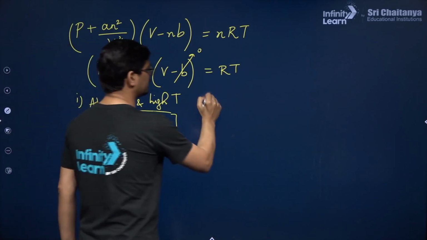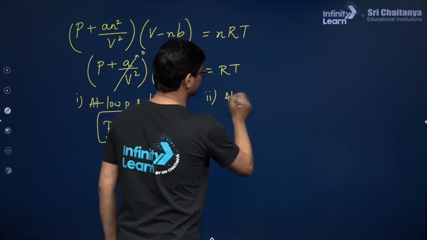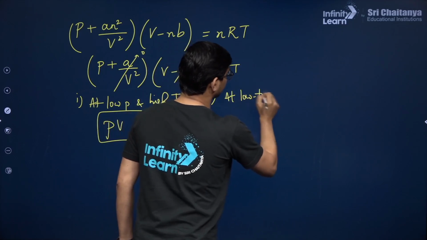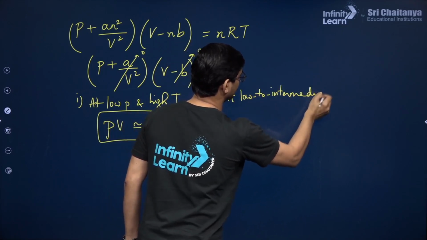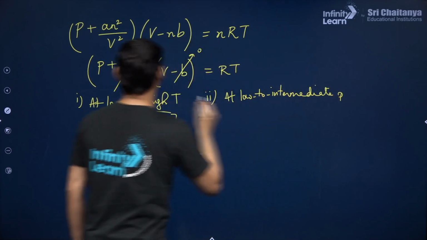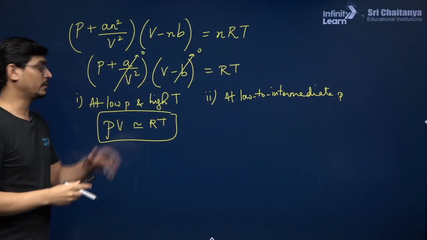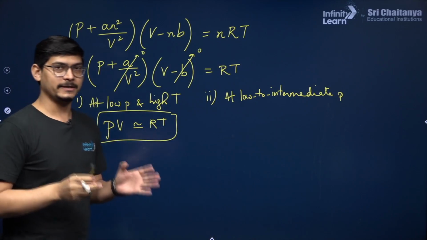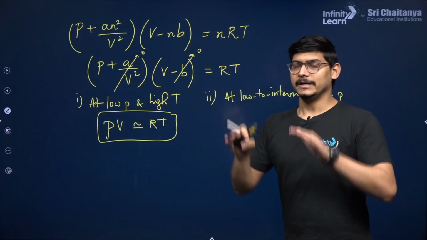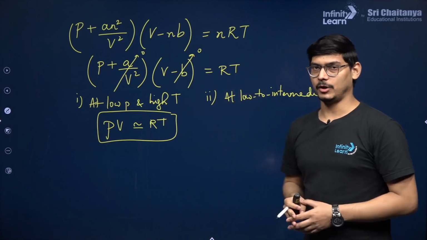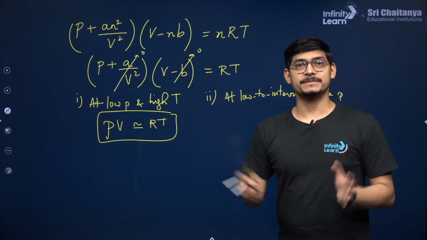Now at low to intermediate pressure, what happens? When the attractive forces are dominating, of course you cannot ignore a by V square. At very low pressure there is no attractive force, but as you increase the pressure by decreasing volume, particles come closer.